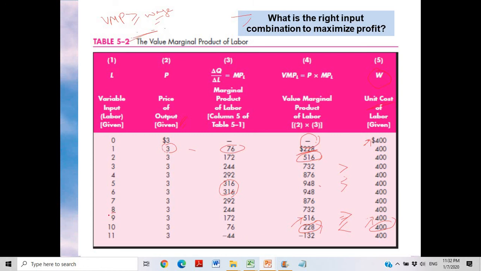This manager should hire up to 9 labor only, and of course with the combination of the fixed input just now. You cannot hire extra, it's not worth it, because if you hire the 10th labor, you receive an additional 228, but you have to pay an additional 400. So this is where you have to stop in order to maximize profit.